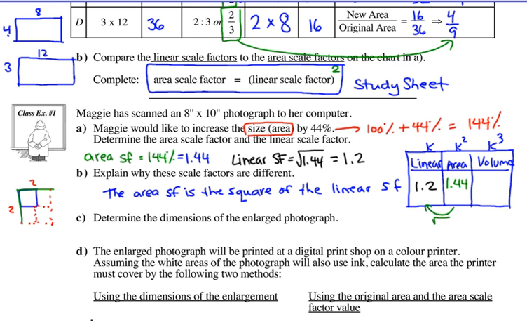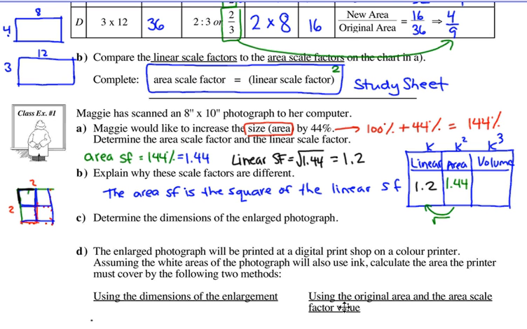So this guy's a 1 by 1, and 2 by 2 would give you an area of 4 compared to the 1. So it'd be 4 times the area. If we took that original dimension and doubled its length and width, then the area would be 4 times.